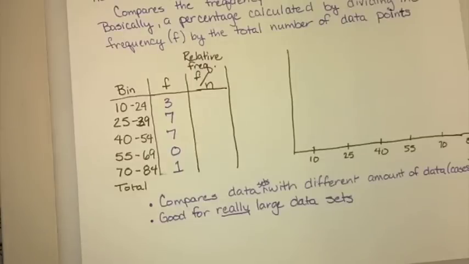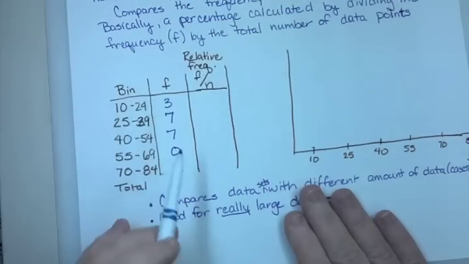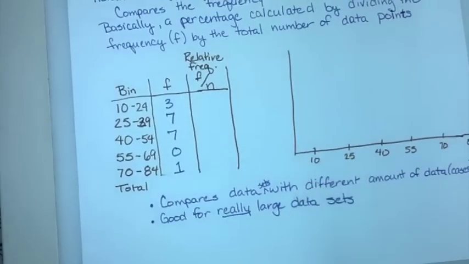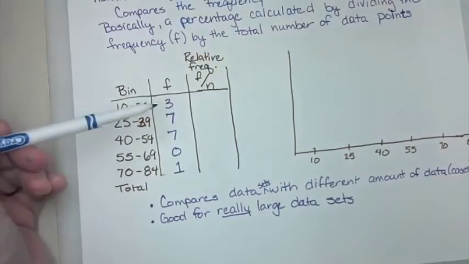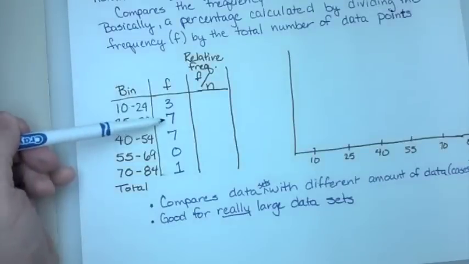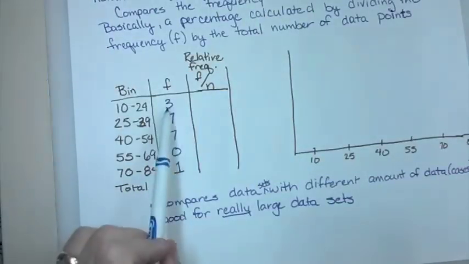I might have more or less. So that is when it becomes easy to do relative frequency. So I am going to just divide my frequency by the total number of points. And in this case, we have 18. So I'm going to divide each of these by 18.